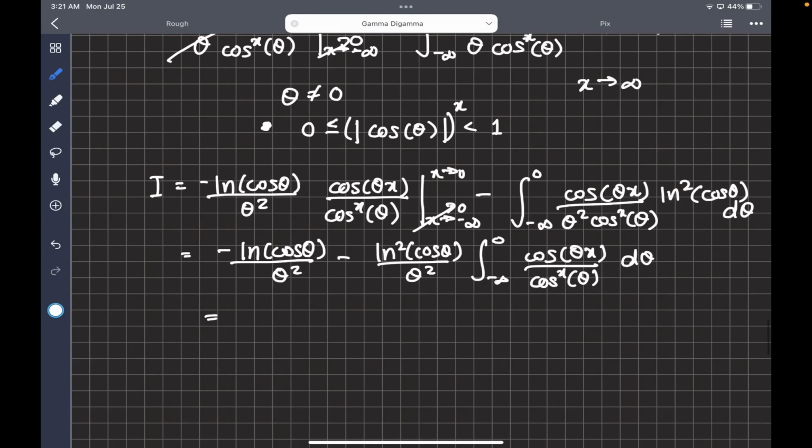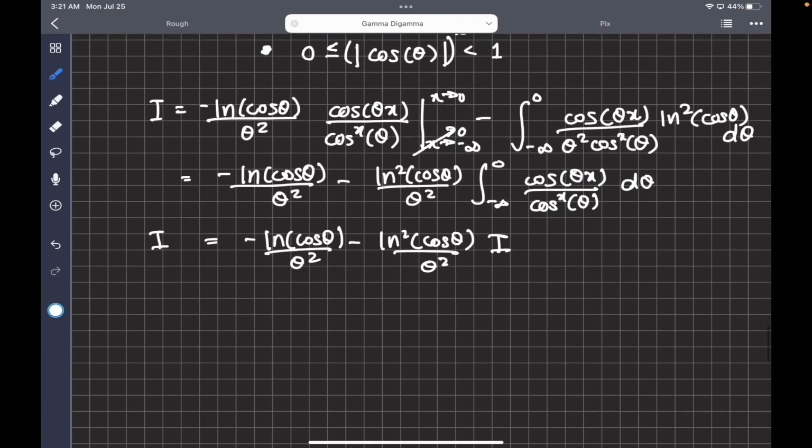So that means we have minus natural log of cosine theta over theta squared minus natural log squared of cosine theta over theta squared times capital I. We can make capital I the subject of this equation, so that we get 1 plus natural log squared of cosine theta divided by theta squared to be equal to minus natural log of cosine theta over theta squared.